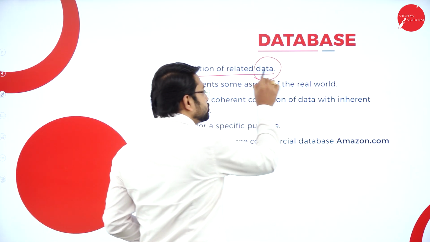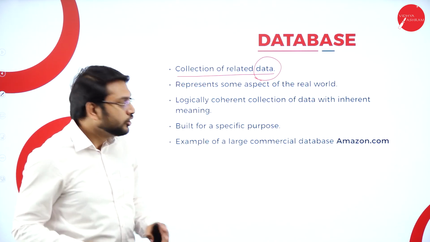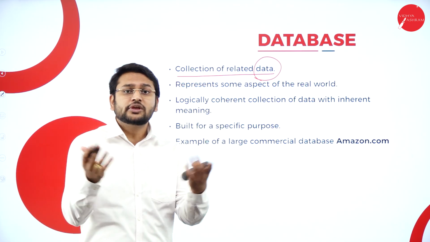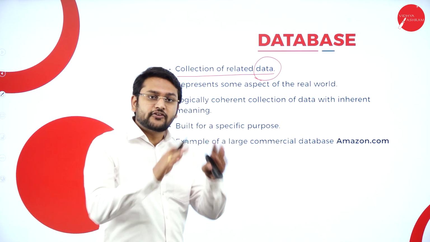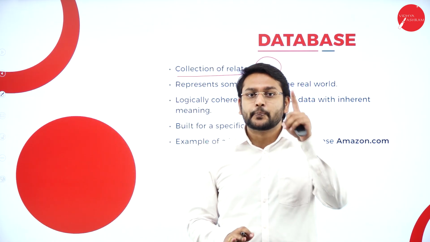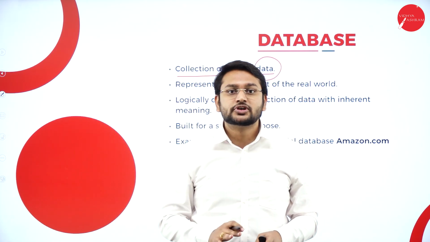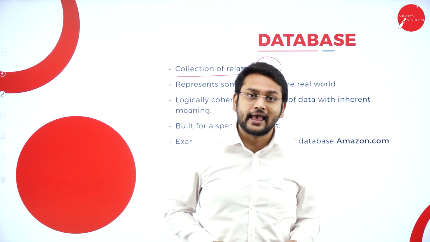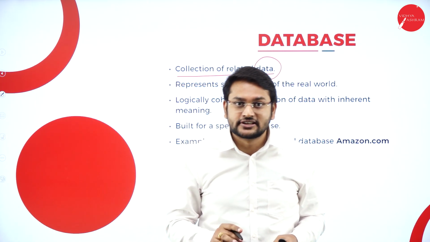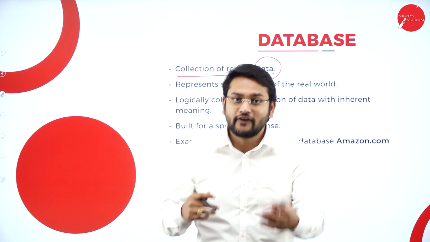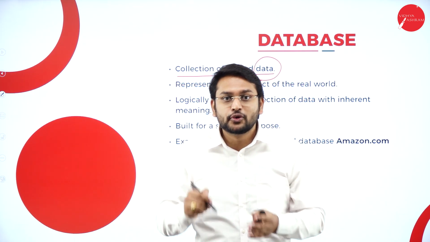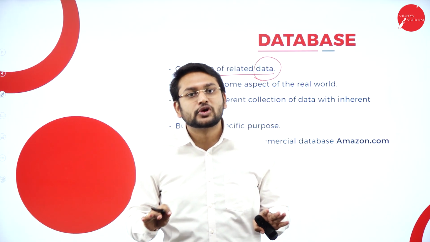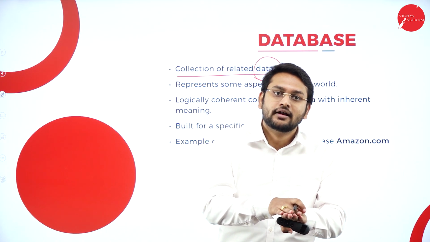So fine, I understood what is data. You have said related data. What is the meaning of it? Say for example, if I'm taking the attendance, I should just mark present or absent. I cannot just write there, oh, you had breakfast, or what is the color of the dress that you're wearing, or what you are doing in the class. I cannot write all those things because it is irrelevant.